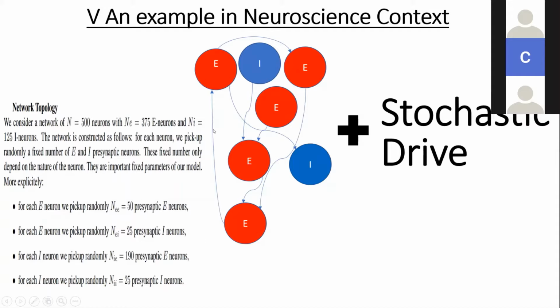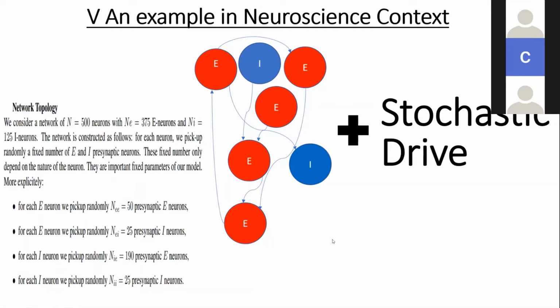And then for each node, you pick randomly a fixed number of E and I presynaptic neurons. So the network is directed. There is a direction in the edges, but each node can receive a large number of edges.